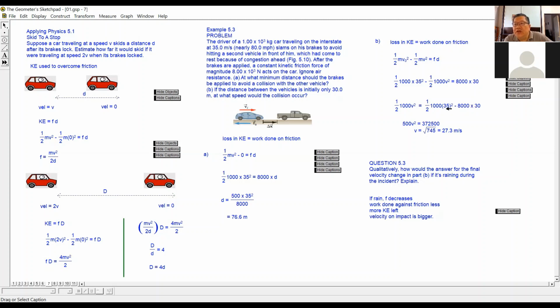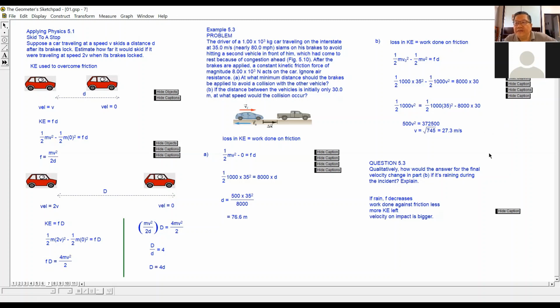From this amount of energy, you can find the value of v. You have to take the square root because there's a v squared there. So the square root of 745 is 27.3 meters per second. So the velocity of the car before it hits the truck is 27.3 meters per second.